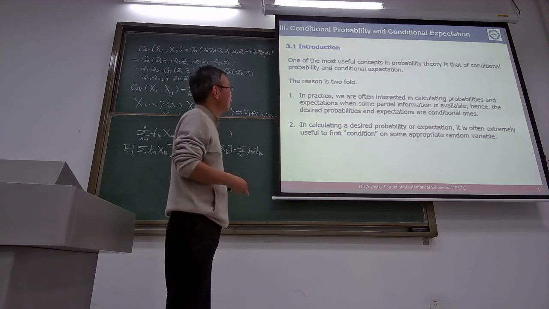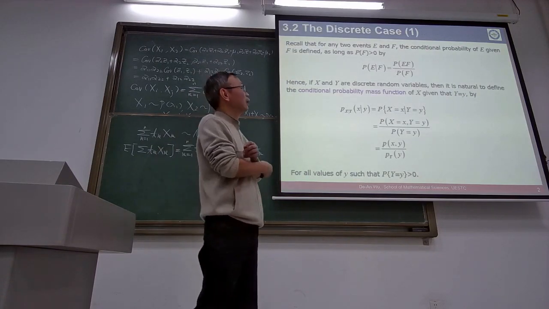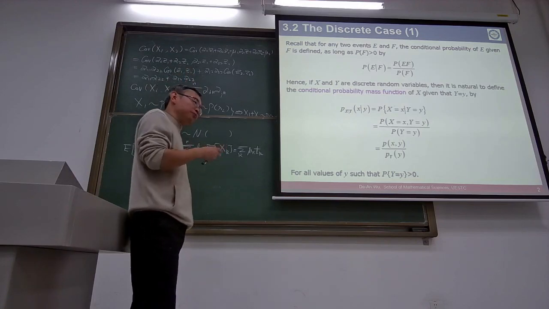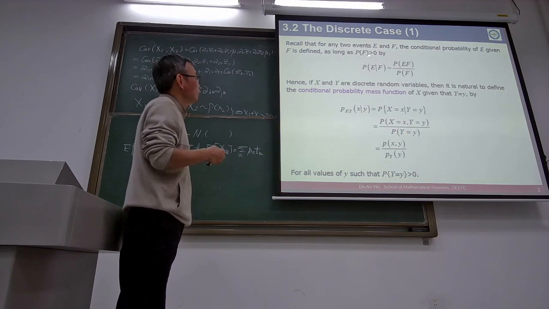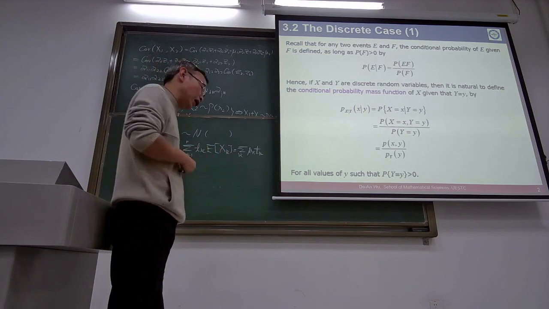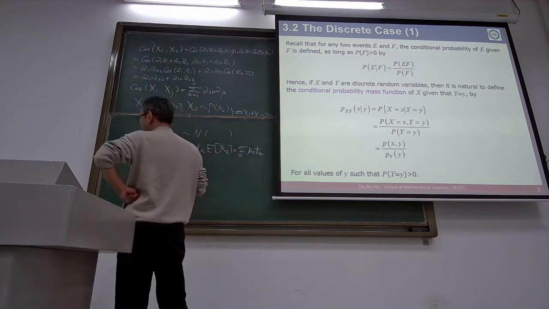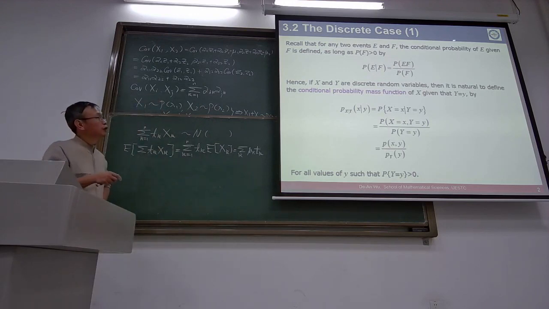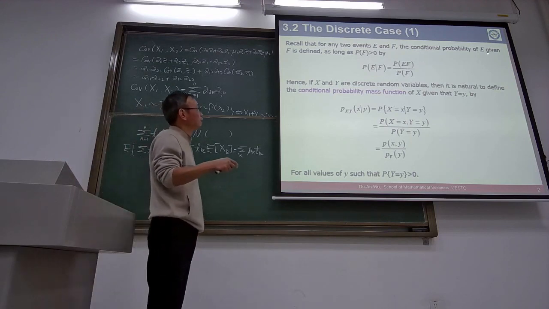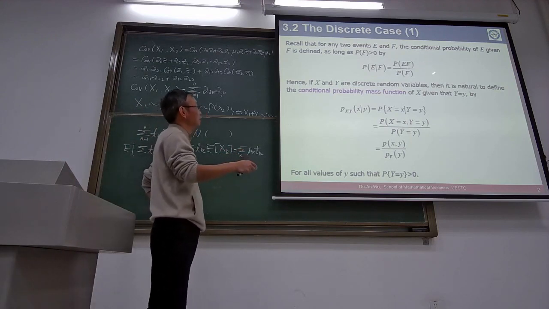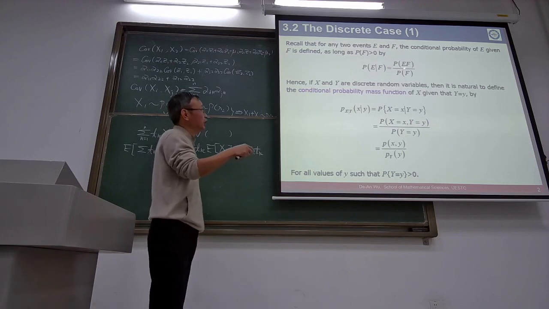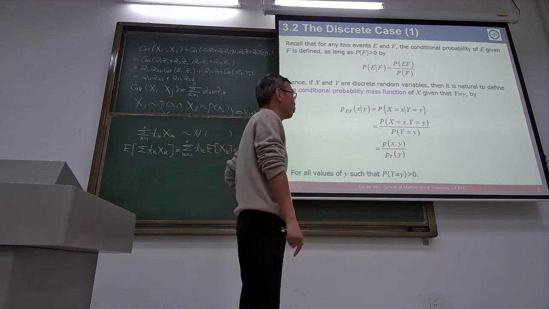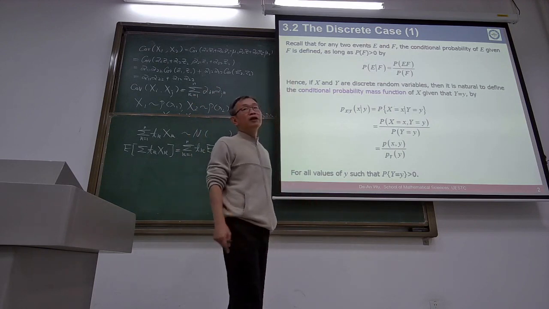Let's start from the definition of conditional probability. We recall that in the previous chapter we defined the conditional probability of an event. Namely, we have two events E and F. The conditional probability of E given F can be calculated by this one. Of course, here we need the probability of F to be greater than 0.